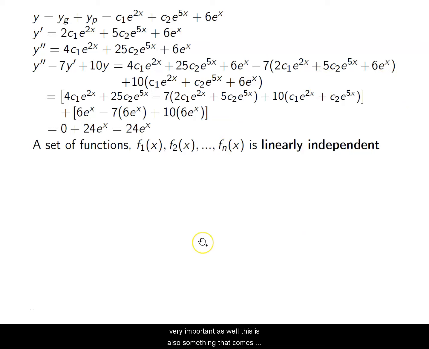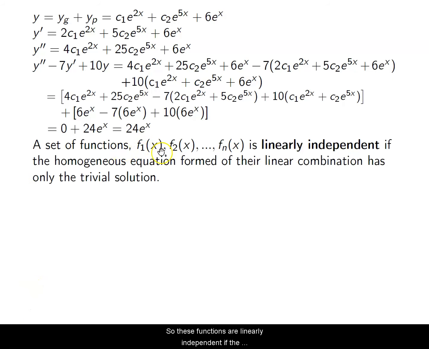This is also something that comes out of a linear algebra class, right? That's applicable to a DE course as well. So these functions are linearly independent if the homogeneous equation formed of their linear combination has only the trivial solution. Okay, so let's think about this before I show you what that means.